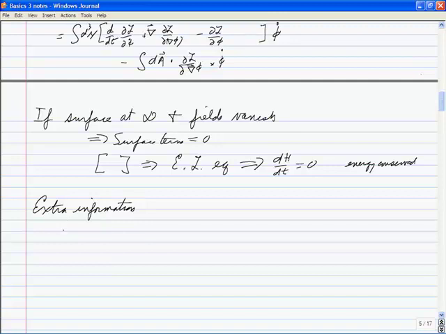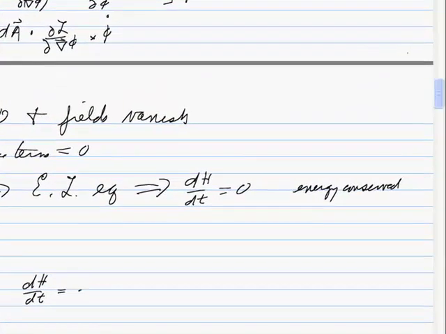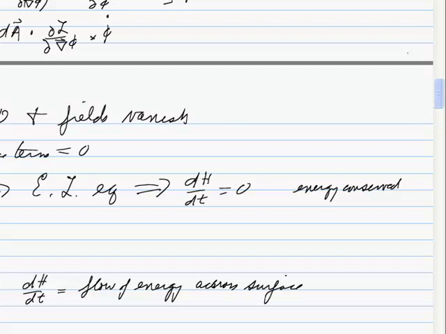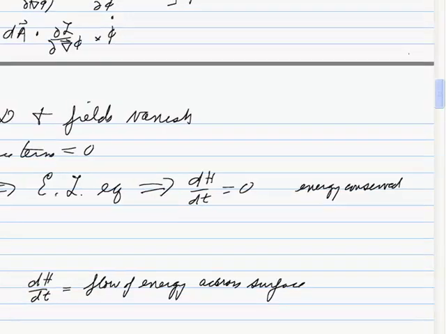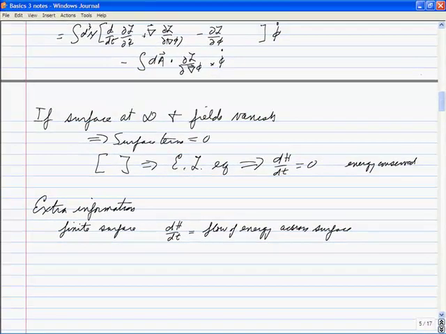If you take a finite surface, then dH dt is given by the flow of energy across the surface. And that's what that second term is there.